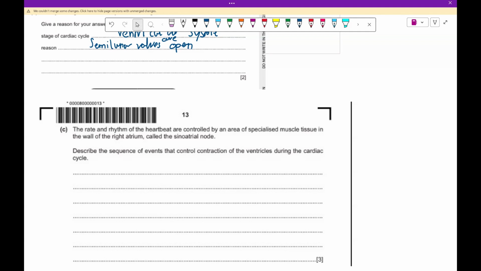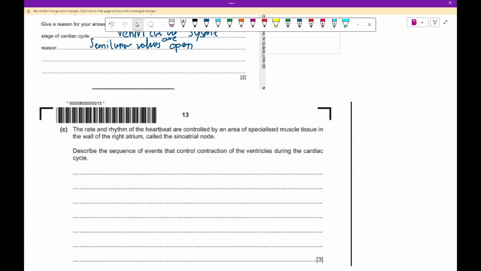After that, the AVN sends impulses to the Purkinje fibres, and the impulses travel down the septum, reaching the base, and then from there they travel upwards to the walls of the ventricles, which causes the ventricles to contract at the same time. That's what you basically need to write.